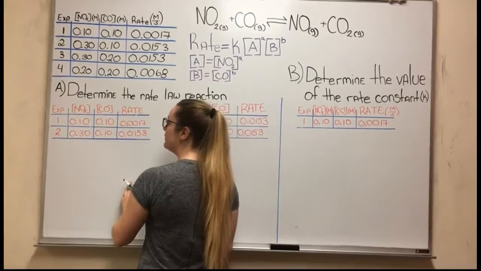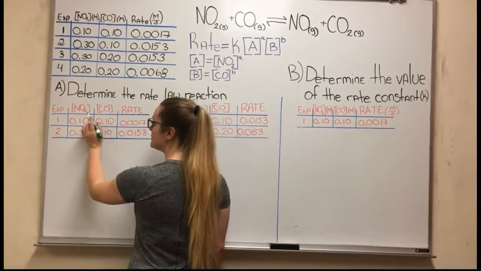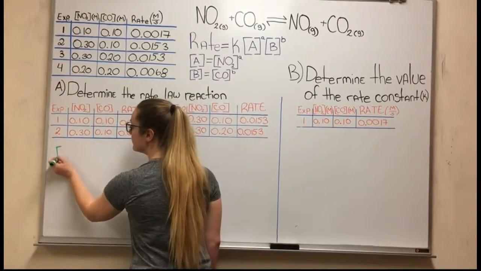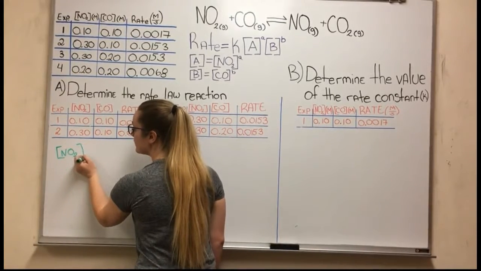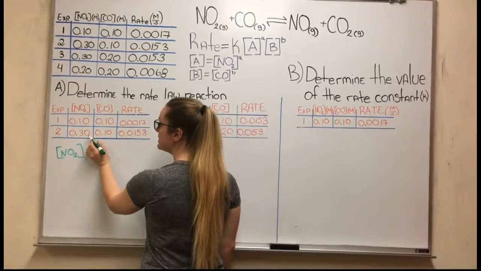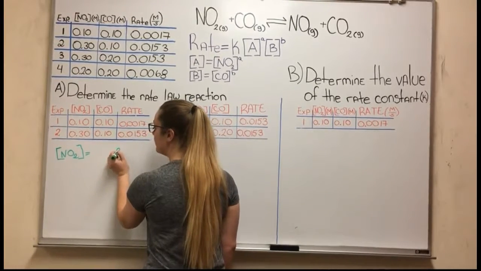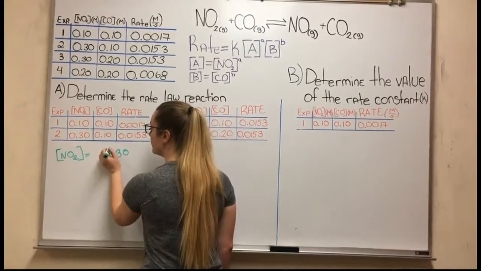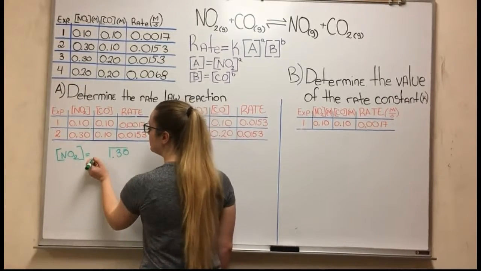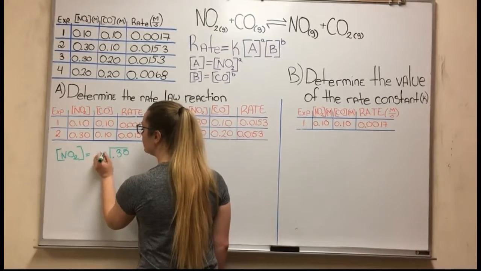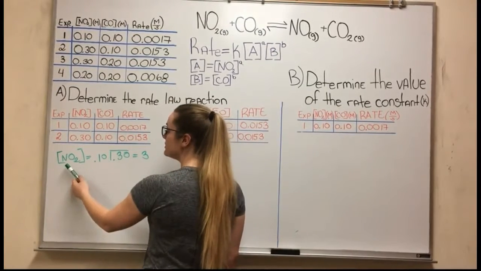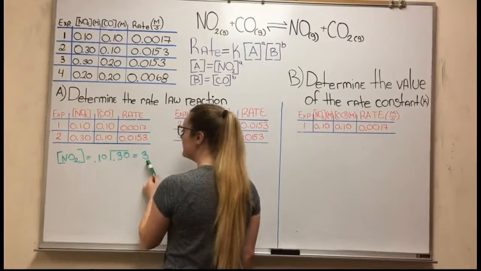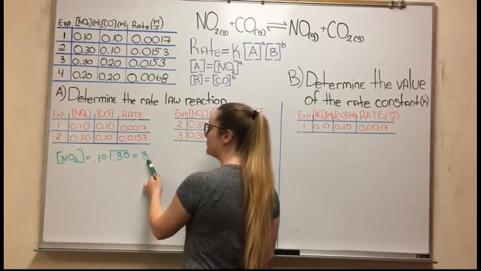So to find the rate law of NO2, you're going to look at the change in concentration of NO2 by dividing your second experiment, which is 0.30, by your first experiment, which is 0.10, and that will give you a factor of 3. So your concentration of NO2 is increasing by a factor of 3.